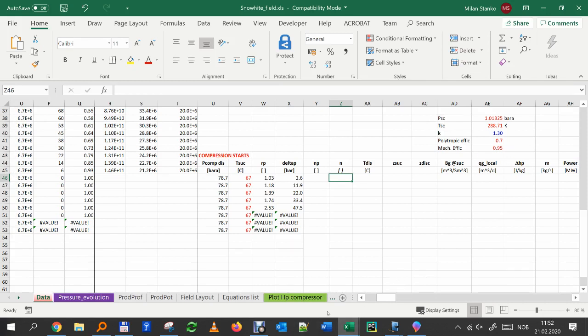In this case, if you check on the notes that I gave you, the manufacturer defines something called polytropic efficiency. That is equation 247, page 63.